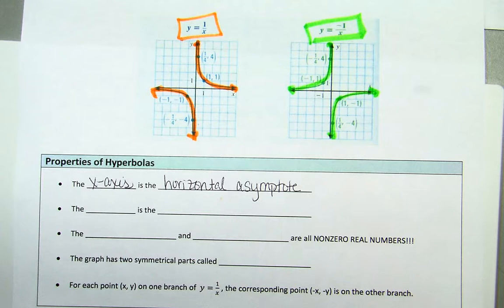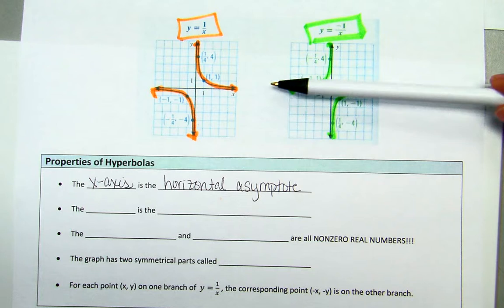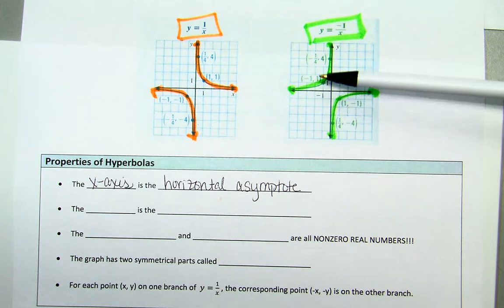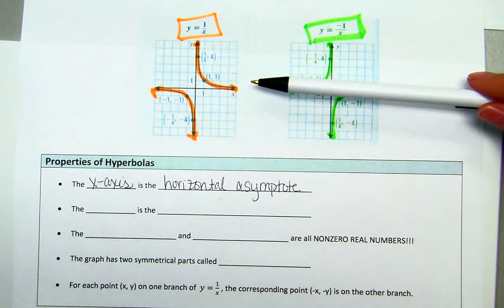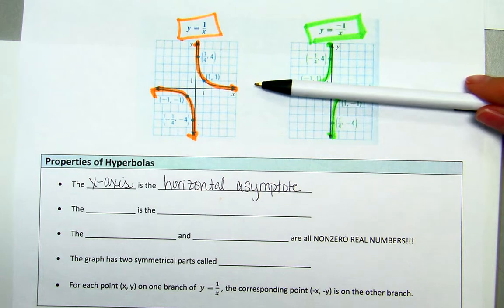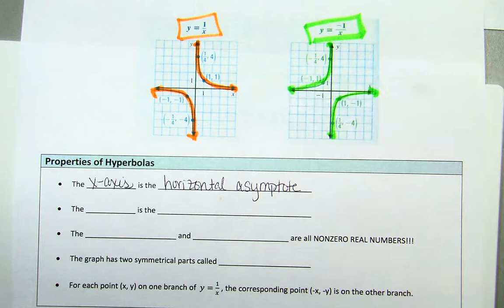And if you remember, horizontal asymptote, your horizontal line is kind of like your horizon. It runs from left to right. And it basically means, with an asymptote, that nothing is going to pass or cross over that line. So your graphs of your hyperbolas or your rational functions are not going to cross over your x-axis. This is your horizontal asymptote.